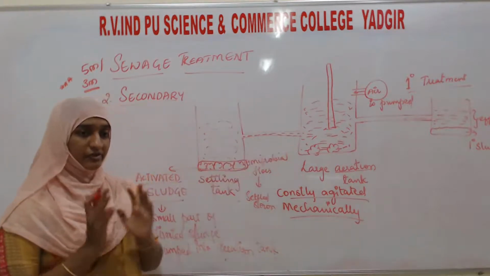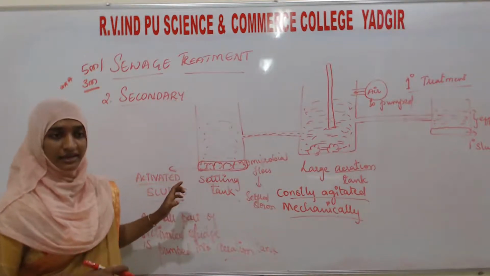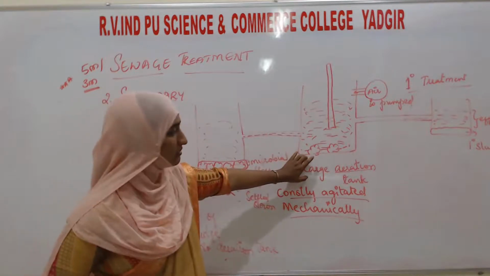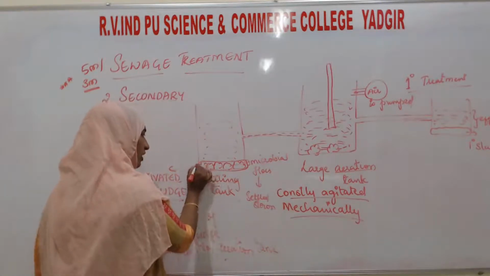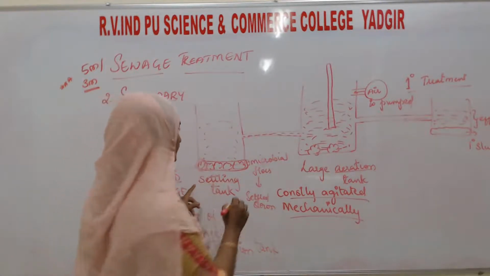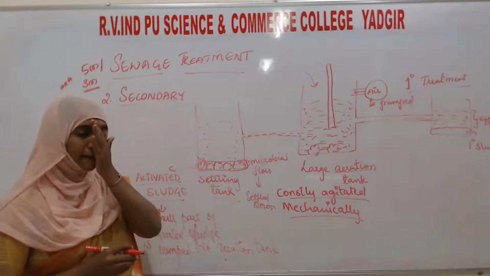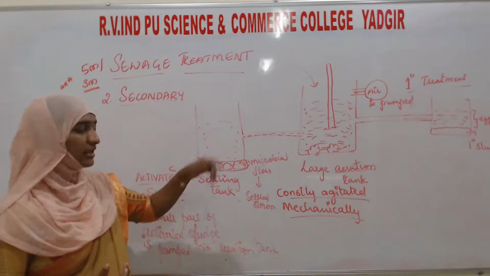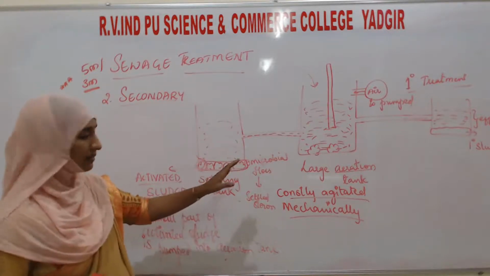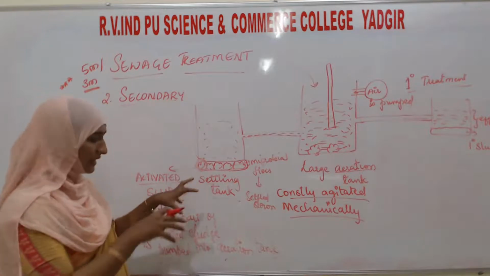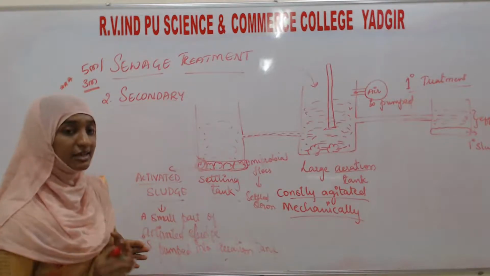Because if the microbial floc is continuously released into the settling tank, then there will be no microbes in this sewage water or whatever effluent is there. That's why a small part of this microbial floc is introduced into the aeration tank, because they require more growth of aerobic bacteria. So who is providing that bacteria to the aeration tank? That is the settling tank. From the settling tank, they will take only a small part of the activated sludge, which will serve as an inoculum.